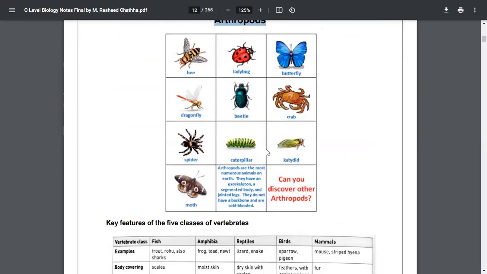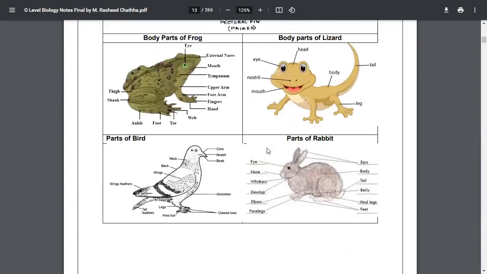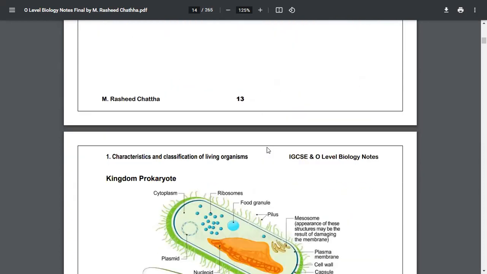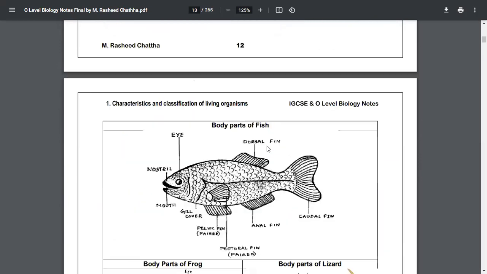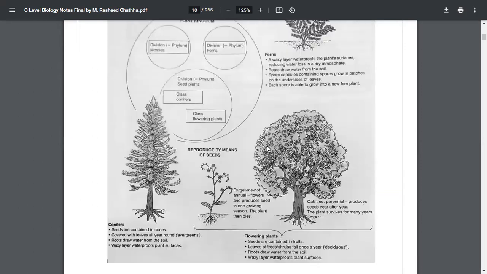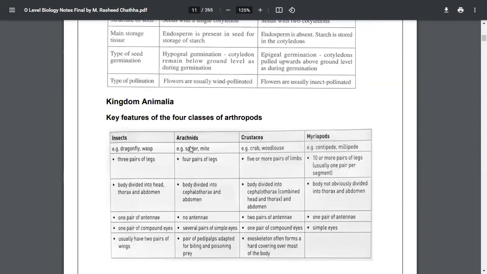The key features of the four classes of arthropods: insects, arachnids, crustacea, and myriapods. So these are four classes. I'm repeating: insects, arachnids, crustacea, and myriapods.